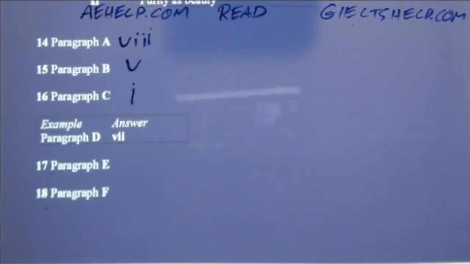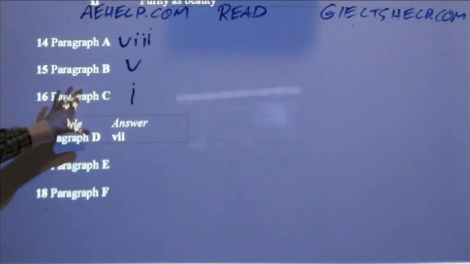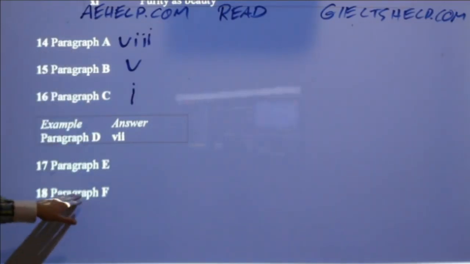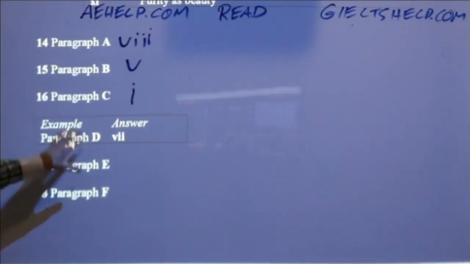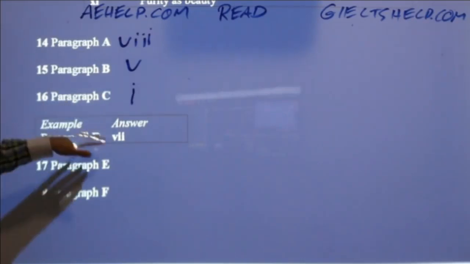Now, fortunately, that's the example, okay? So with this list of headings, you get one example. It's usually one of the body paragraphs, because introductory paragraph and conclusion are challenging, so they usually leave that for you to figure out. So usually one of the body paragraphs is the example answer.